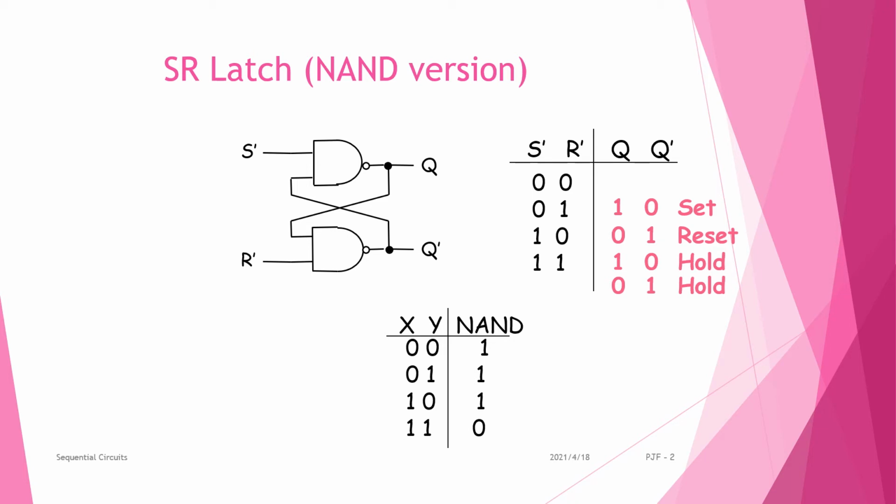Suppose we give 0 0 as the input in S and R. What are the outputs? If we give 0, the AND gate produces the operation, NAND, and NOT. We give 0 as input, so the output is also 0.